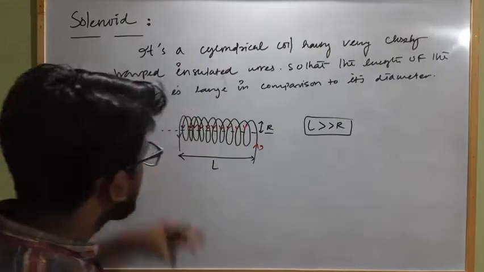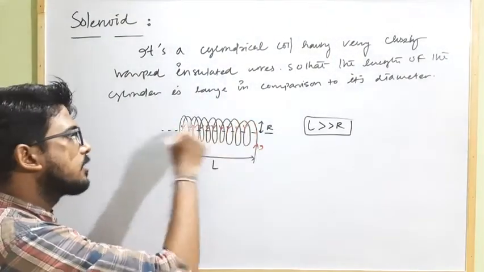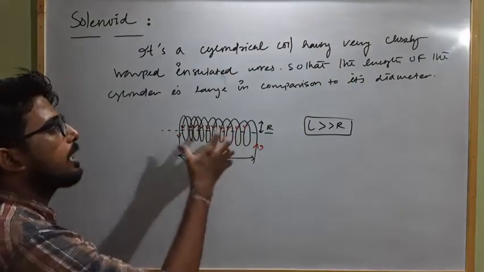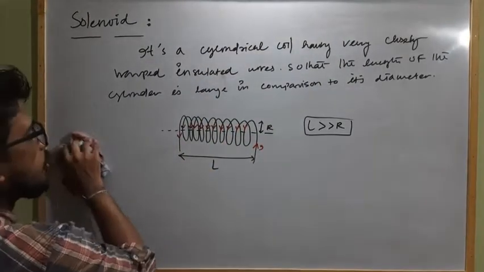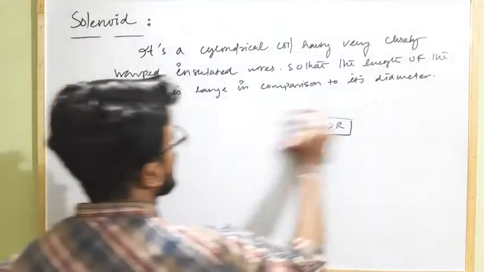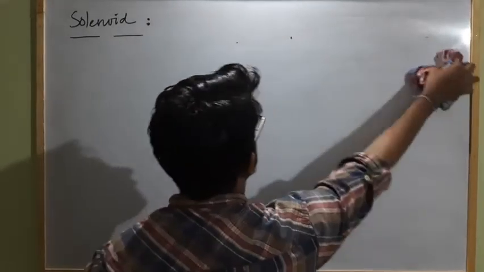Inside it, this coil can be wrapped on a hollow cylindrical surface, so that inside it can have air, or it can be wrapped with any solid material as the core. Clear? Here we are considering only a solenoid with air as its core. Clear? So now find out the magnetic field strength when a current passes through a solenoid.